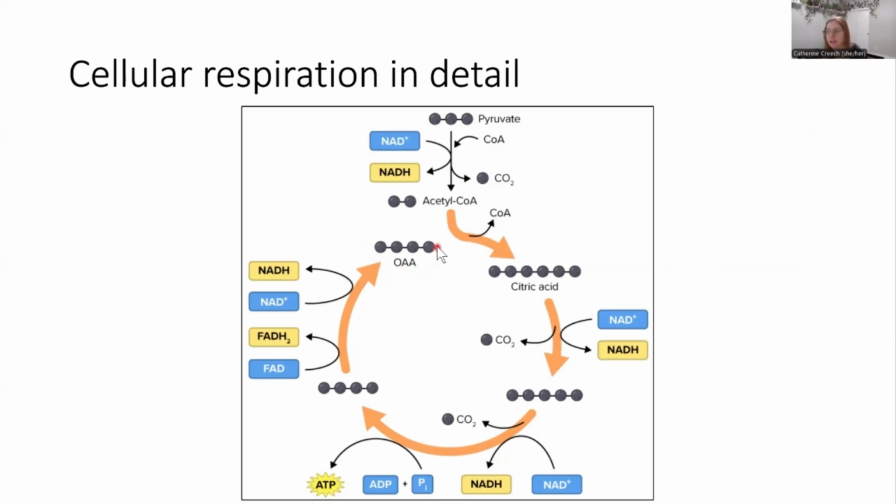Here's oxaloacetate. Oxaloacetate is a 4-carbon molecule. It's going to bind to the 2 carbons left from glucose in acetyl-CoA. As it does, it breaks off coenzyme A, and coenzyme A can be reused in pyruvate oxidation. So it just goes back over to pyruvate to help out in the process.